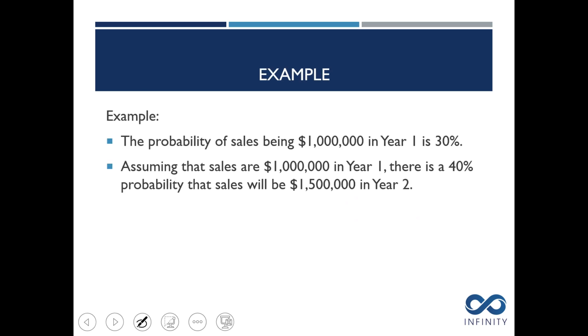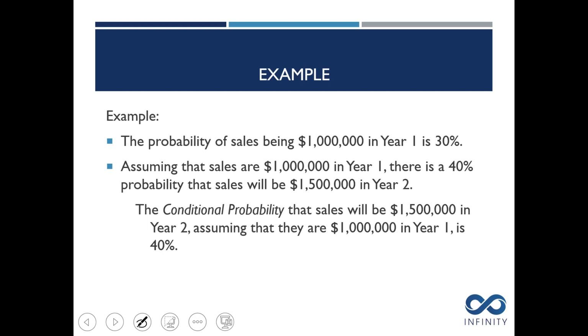So we can use this example. The probability of sales being 1 million in year 1 is 30%. If that is true, if the sales are 1 million in year 1, there is a 40% probability that sales will be 1.5 million in year 2.